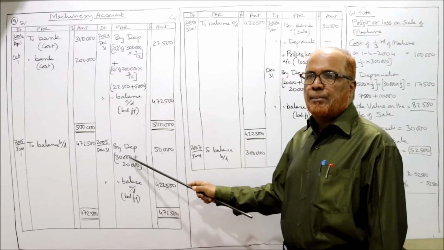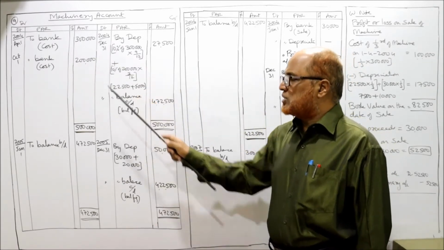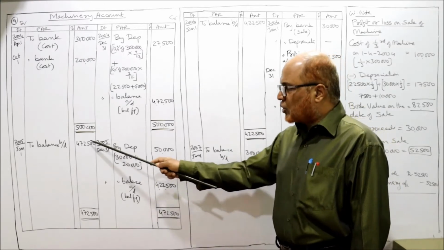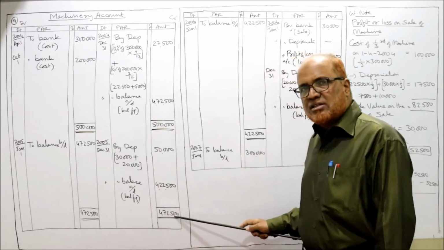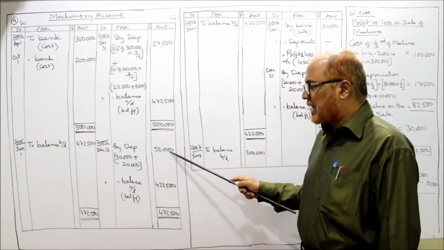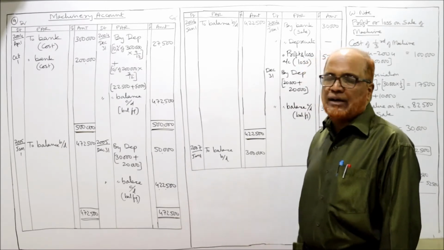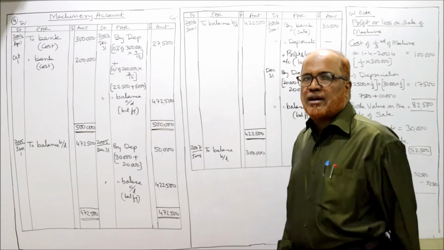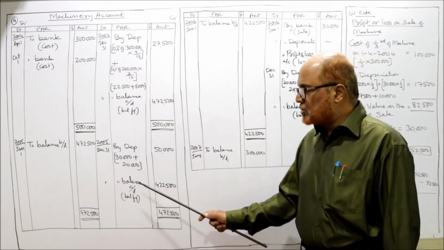So 30,000 is the depreciation for first machine, 20,000 is the depreciation for the second machine. Total depreciation 50,000. From 4,72,500 subtract 50,000, 4,22,500. So 4,22,500 is the closing balance of machinery account at the end of second year, 2005.